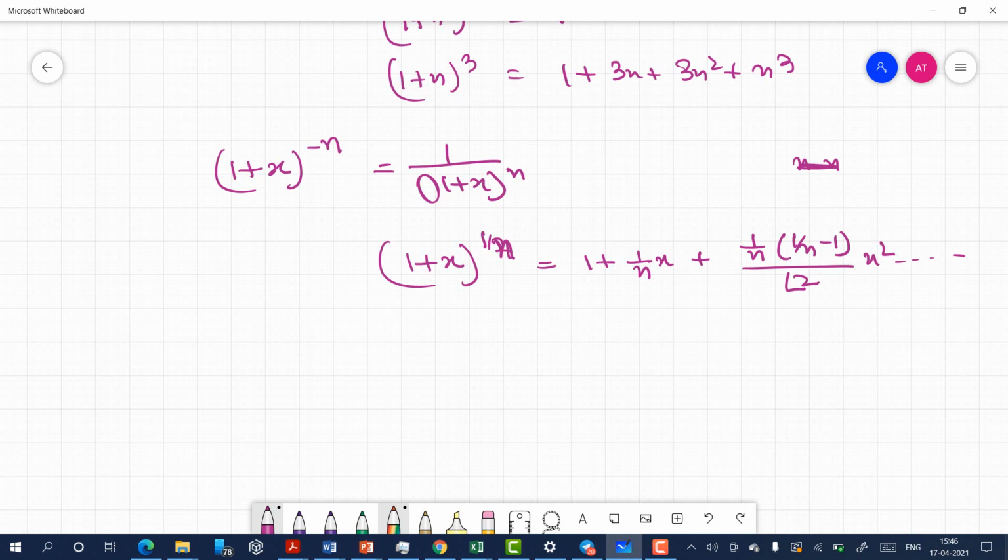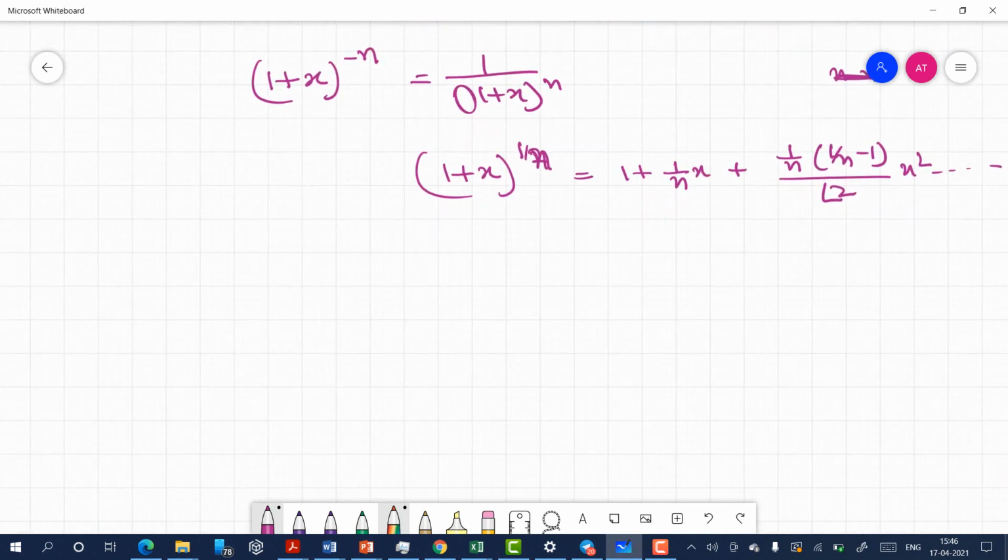Okay, so you can break it down like that, and then he found that you can actually find out the square root. If n is equal to 2, then you can find out the square root of this, right?